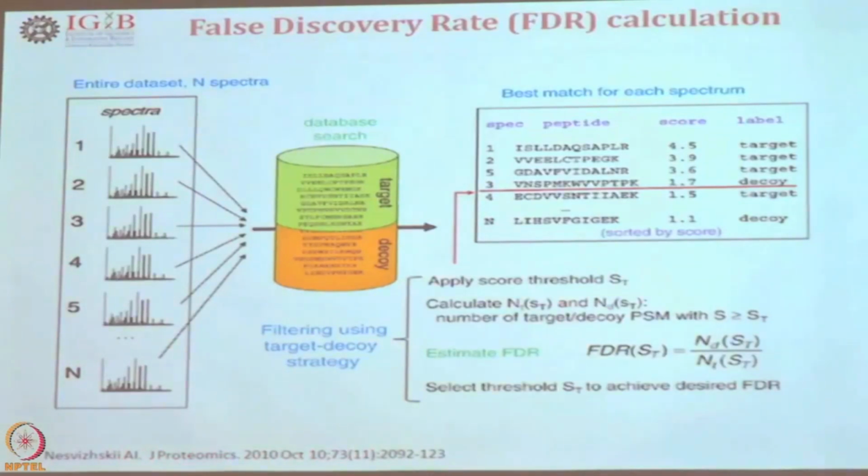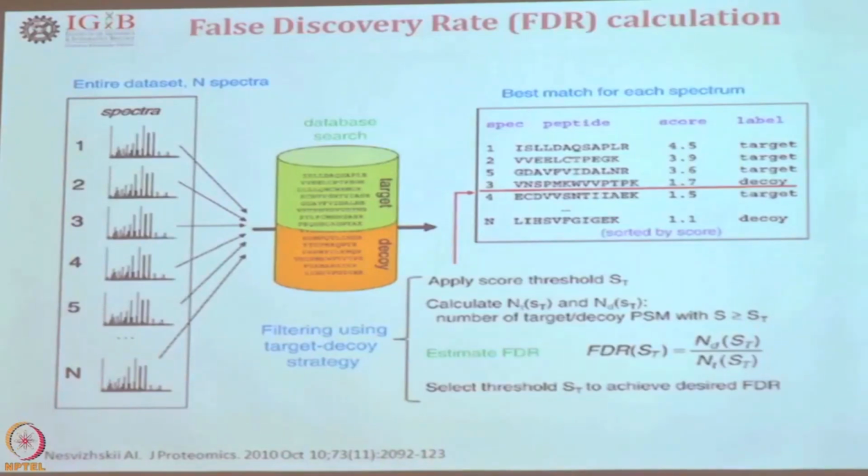You can go and read this article, very nicely written. It says that all the targets are there, and all of a sudden a decoy comes. So, FDR is the number of decoys divided by the total number of peptides identified from the target. This is how we get to know the FDR at the peptide level, at the PSM level.